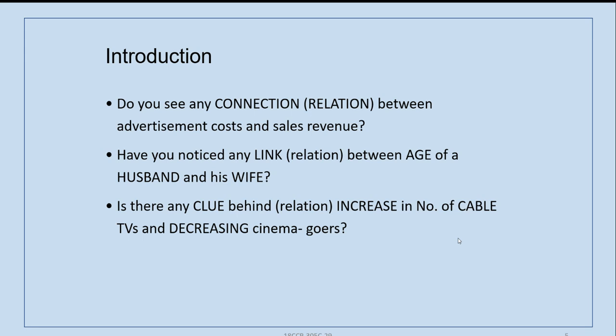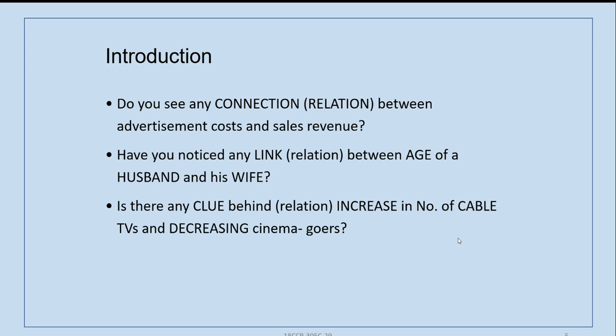This means when advertisement is not there, how much was sales? When some advertisement is there, how much is the sale? And when more advertisement is done, what is the sale? That is the meaning of this sentence.